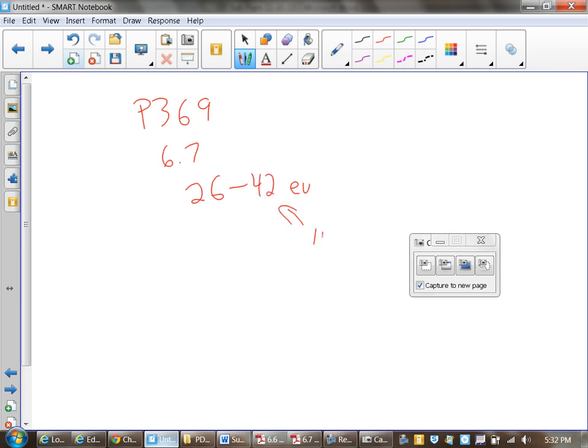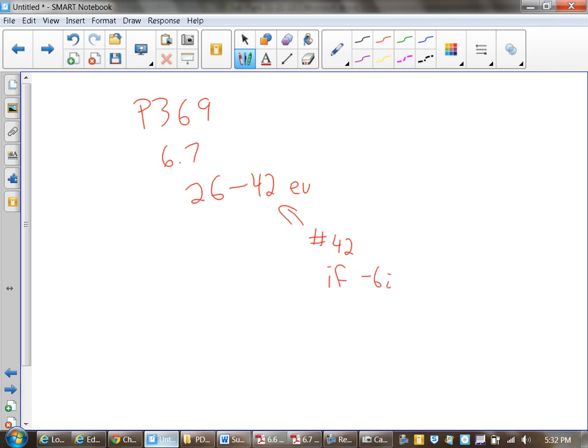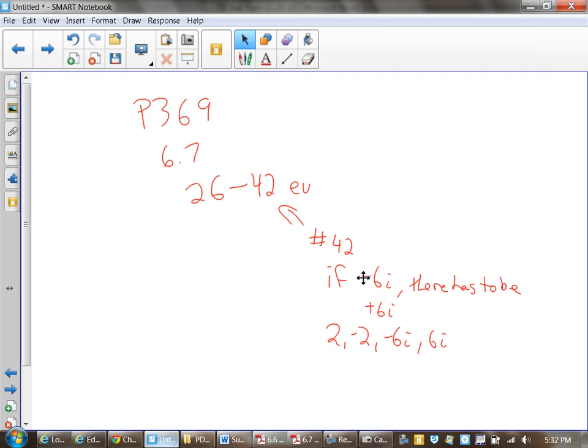And one hint with number 42, if there is a negative 6i, there has to be a positive 6i. So you wind up with 2, negative 2, negative 6i, and 6i. That's a little bit of a trick. The book doesn't do a very good job of explaining that, but we'll go from there. Give those a shot, and we'll see how we do from that.